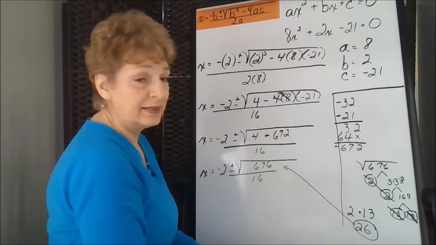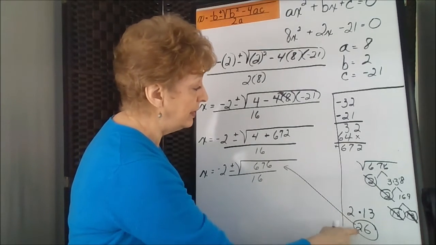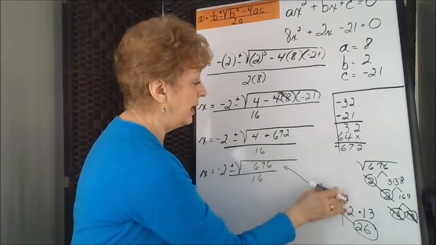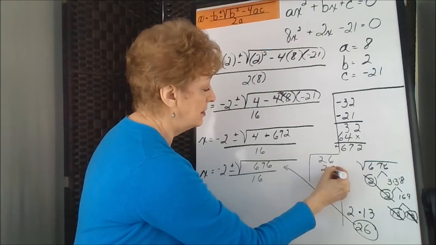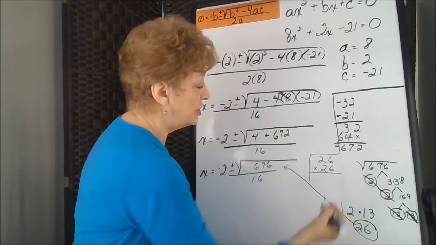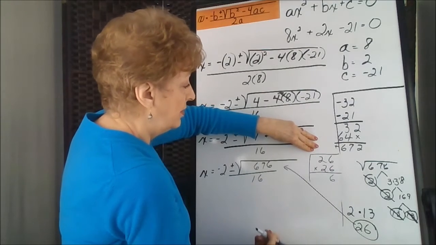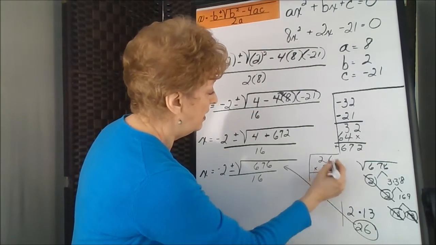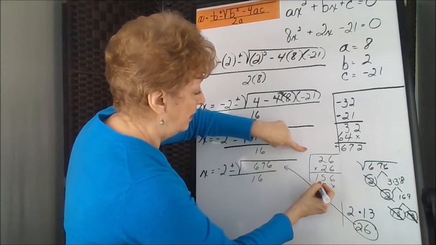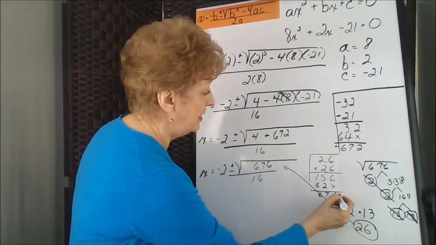If you're worried that is actually the square root, you can take 26 and multiply it times itself. 26 times 26. This is just a check. That's 36, carry 3, 12, 13, 14, 15. And then we have 12 and 5. So that's 6, 7, 6. See how it works?